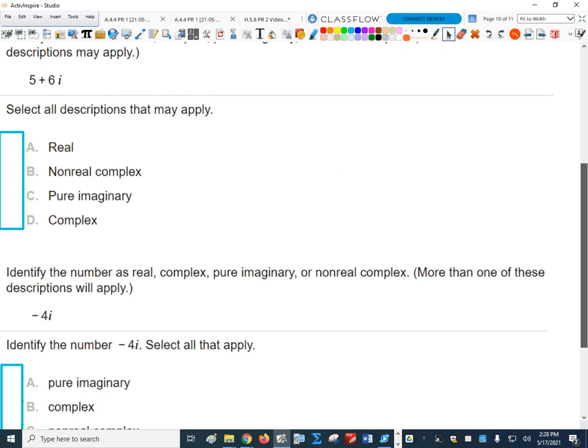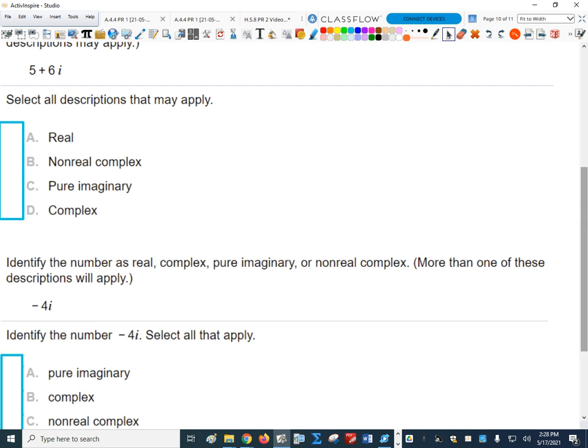Okay, what about the number 5 plus 6i? Is it real? Thumbs down. How do you know? What's an easy way to tell? It's got an i in it. So it's not real. Is it a non-real complex number? It is. It's non-real and it's complex. Is it a pure imaginary number? No. How do you know? It's got a real part.